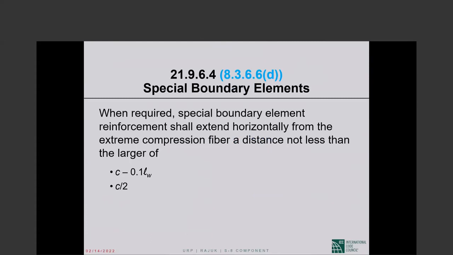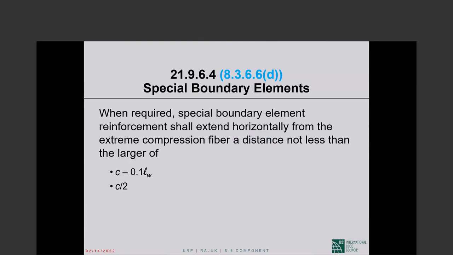Okay, that is the vertical extent of the shear wall. Horizontally, how far do we go? We start obviously at the extremities of the shear wall, but then how far into the shear wall do we specially confine?